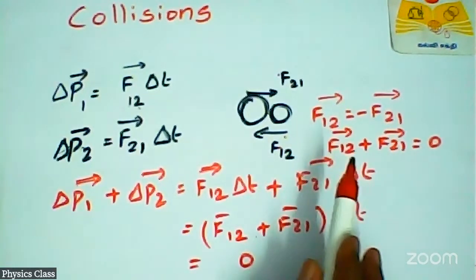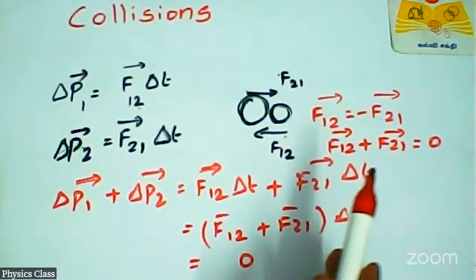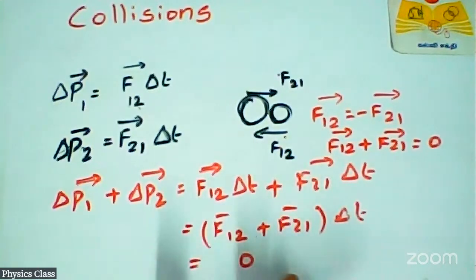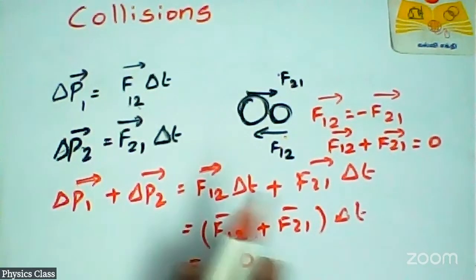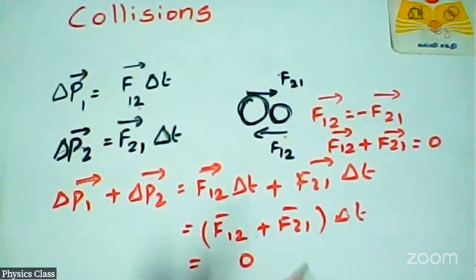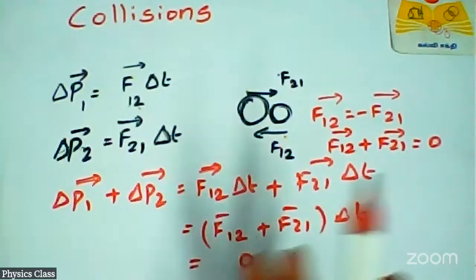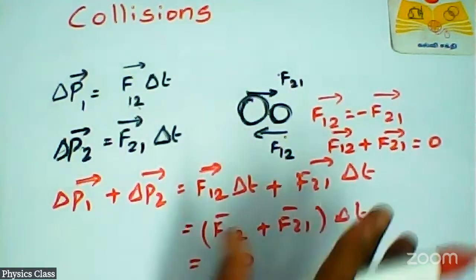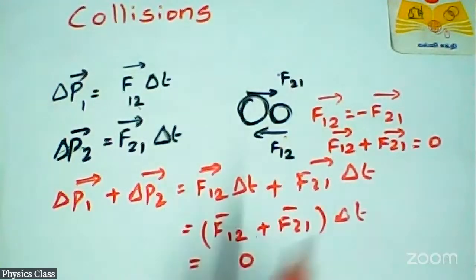Force is there, but no total force. There is a difference between no force and total net force 0. No force means there is no force in that system. Total force 0 means there are some forces, but their addition gives 0.